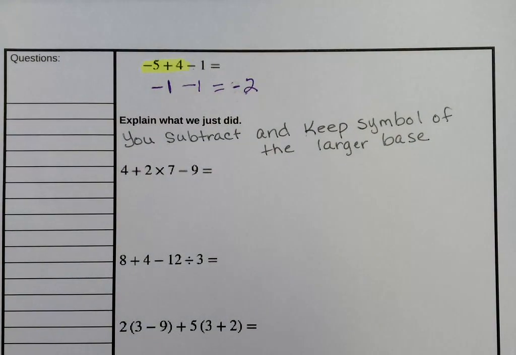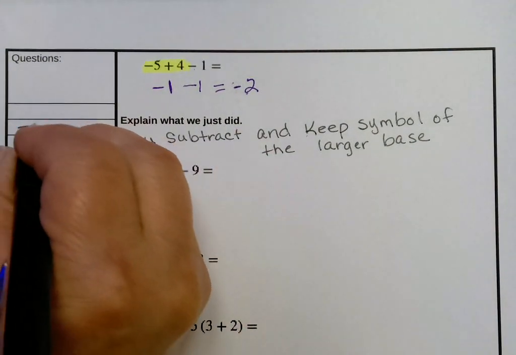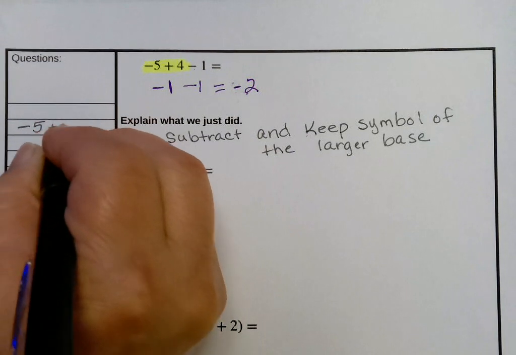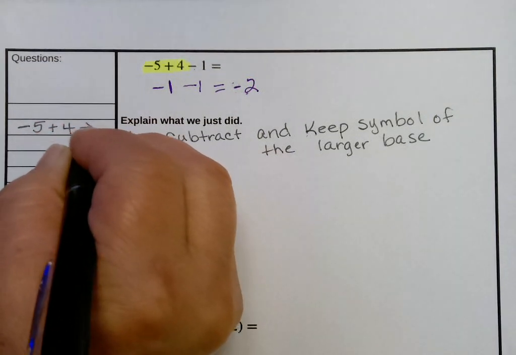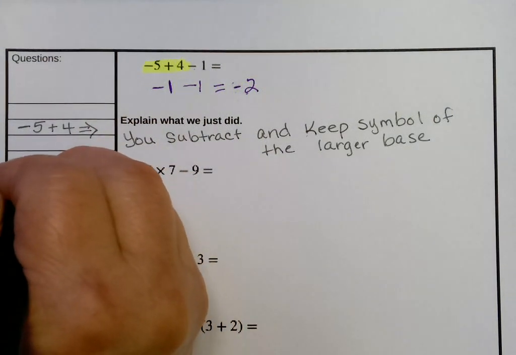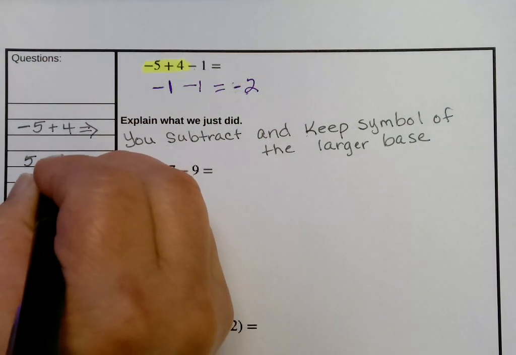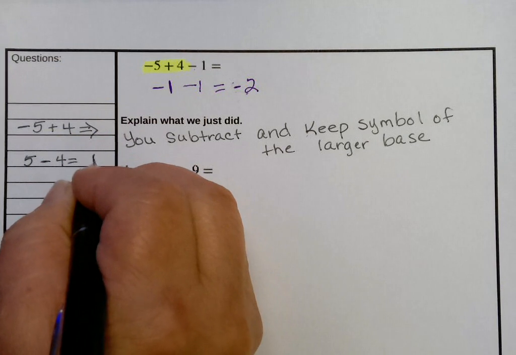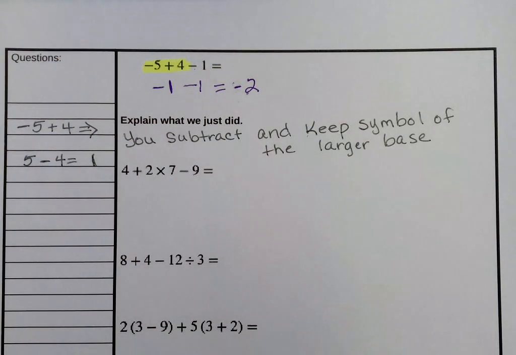Okay, in other words, when you're looking at this, -5 plus 4, your thought process becomes 5 minus 4 equals 1. Then I look and say, okay, which base is bigger, 5 or 4?